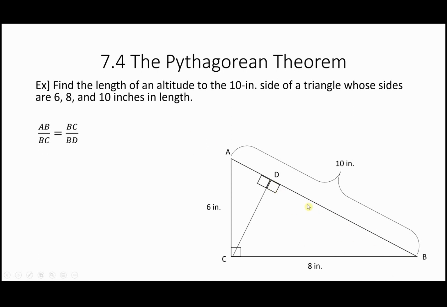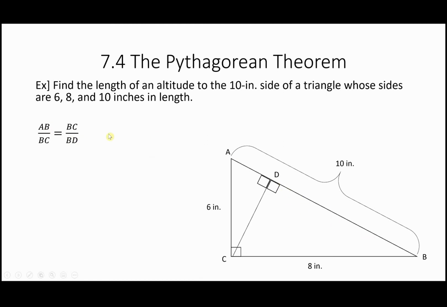If I had it color-coded, BC would be the leg that I've chosen, the longer leg, and I'm going to say that that's the geometric mean of the entire hypotenuse AB and the segment of that hypotenuse that's adjacent to that leg. That's the BD segment here, okay?